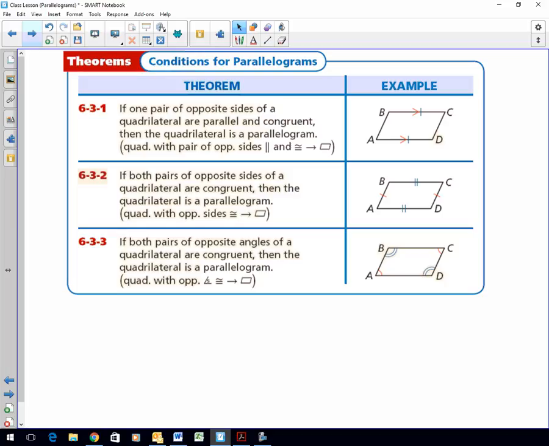If both pairs of opposite angles are congruent, I've got a parallelogram. So, what do we notice here? What's the pattern so far? One side can be parallel and congruent, and I'm good, correct? Both pairs of sides have to be congruent, or both pairs of angles have to be congruent.